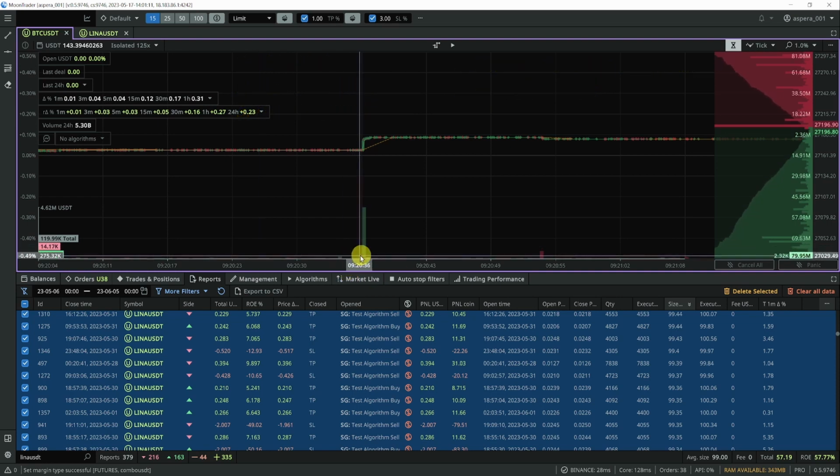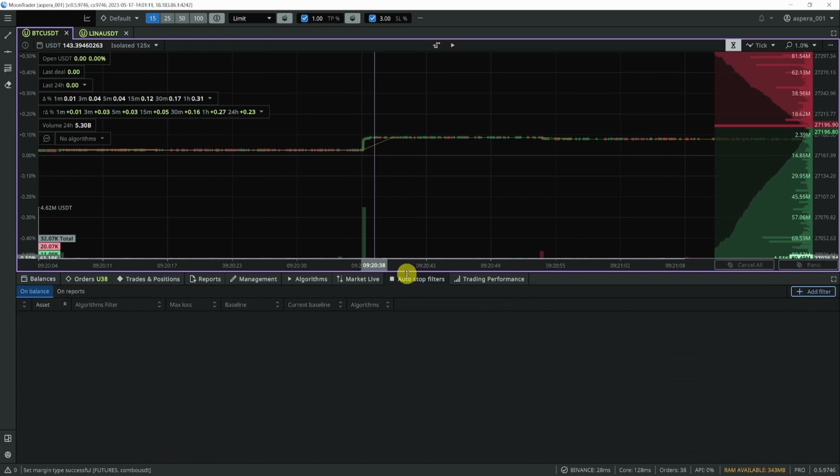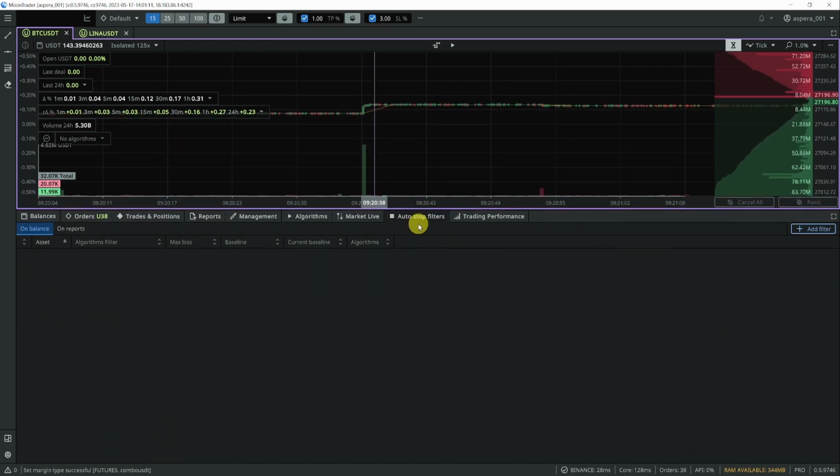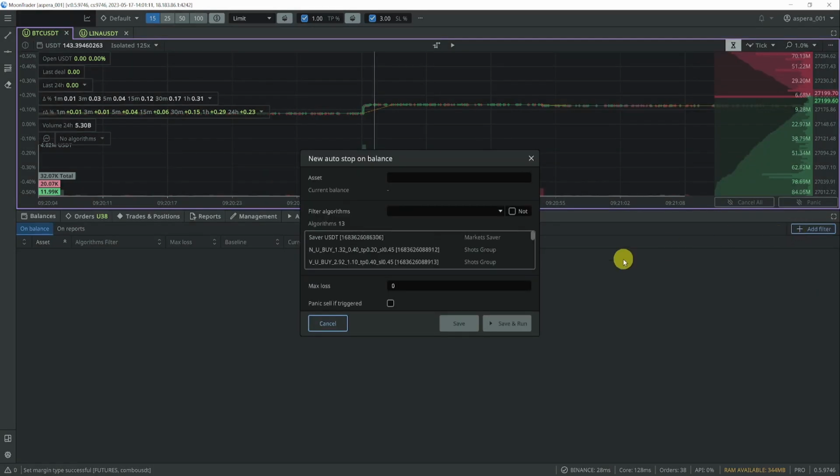And one more thing is right here, which is an auto stop filter. So you can add this filter. It would check your balance, and if you lose a certain amount of real money, it will stop all algorithms. That probably means that your algorithms are not producing profits. So this is sort of a global stop loss.